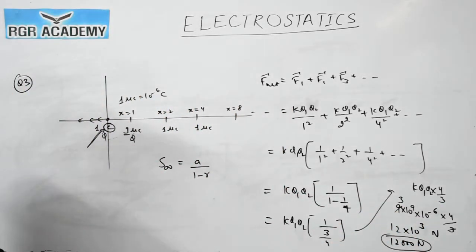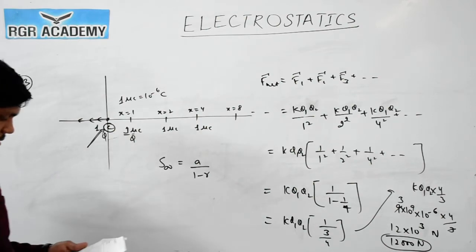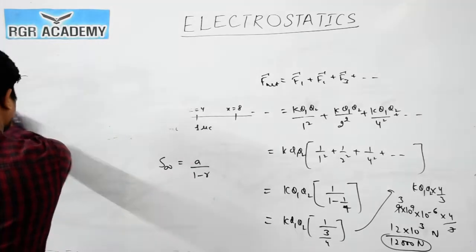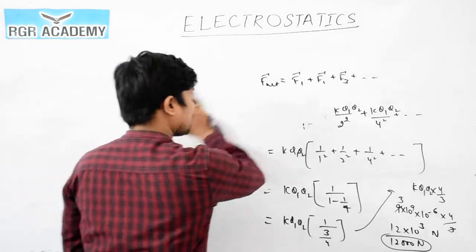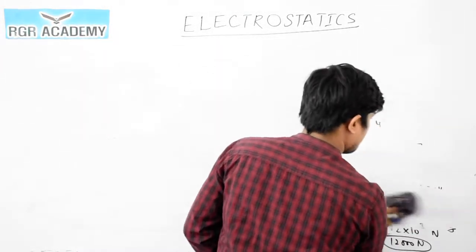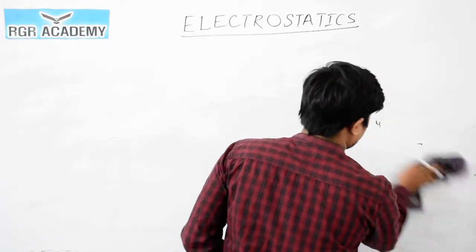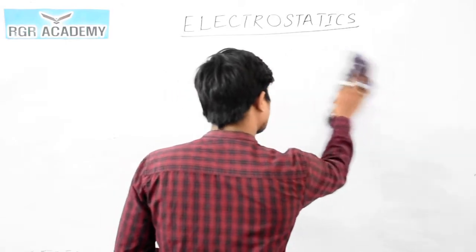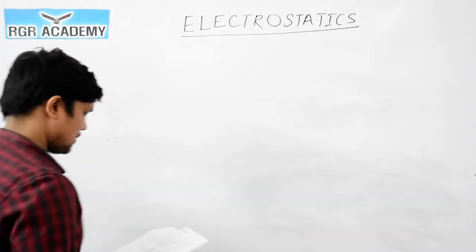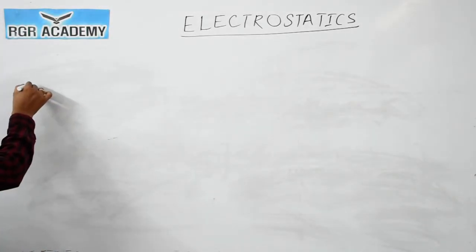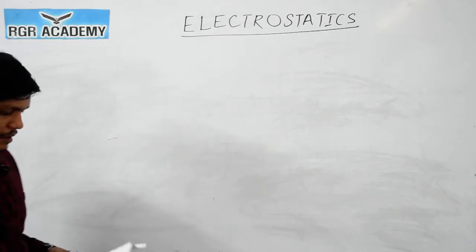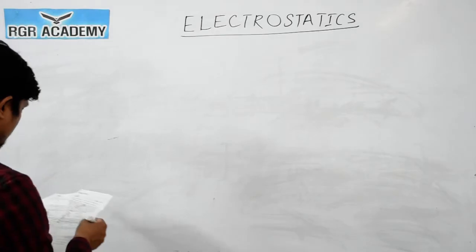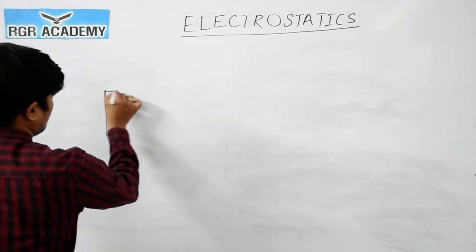Now question number 4. In a rectangle shown below, the two corners have the charge.